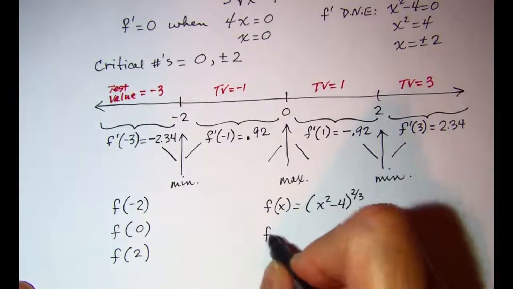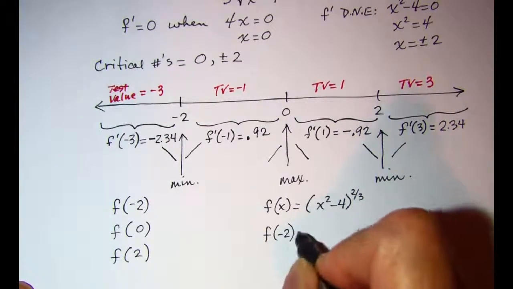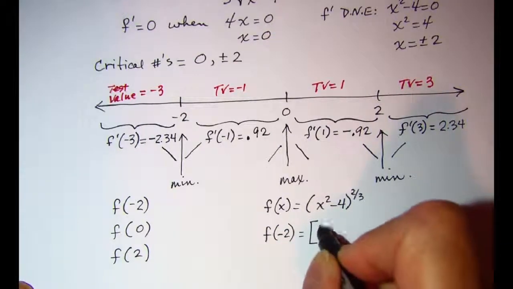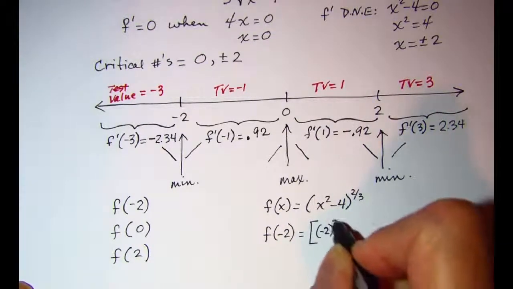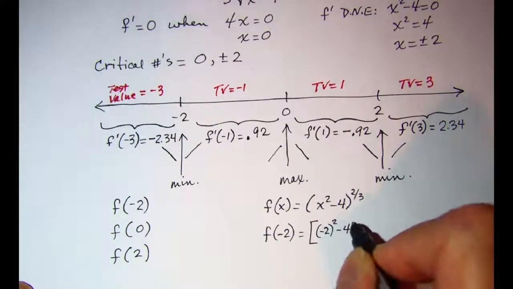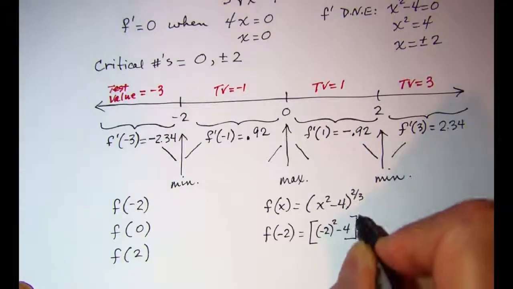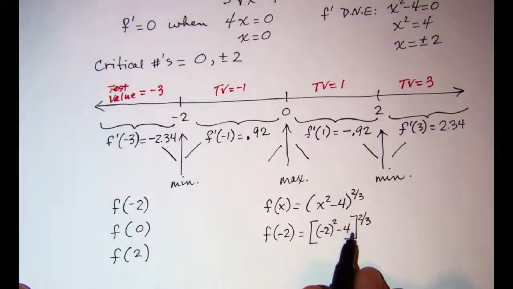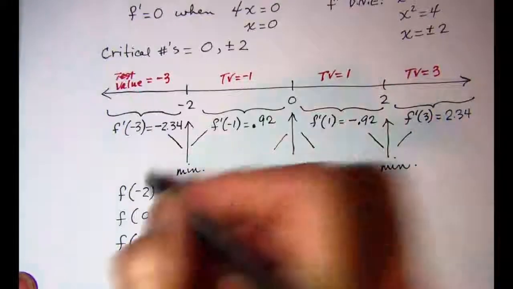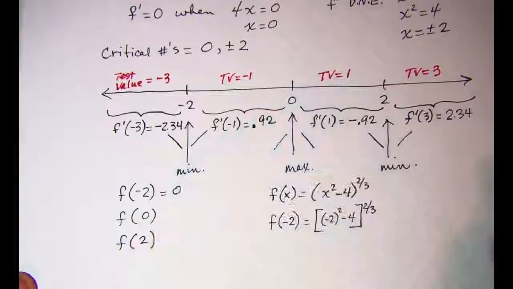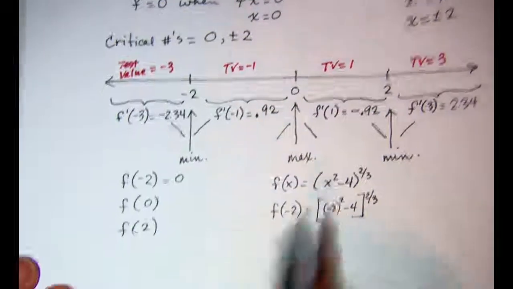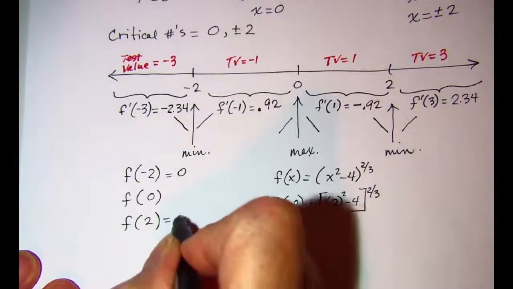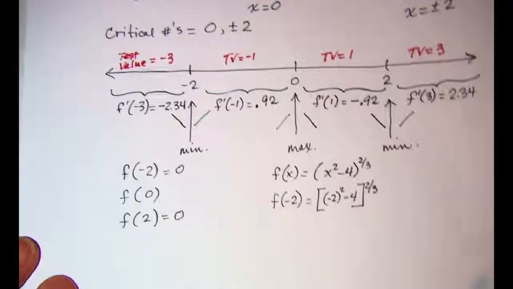So f of -2, this is 4 minus 4, so f of -2 is 0. And this is an even function, so f of +2 is going to be the same value.